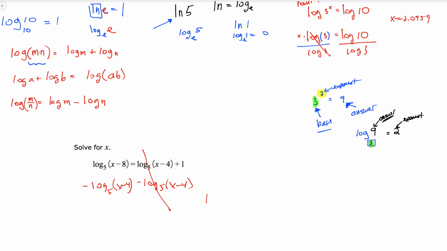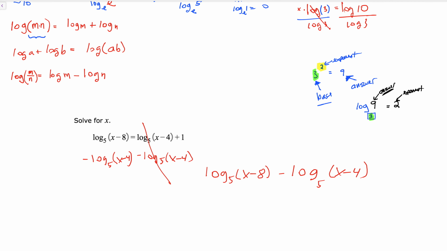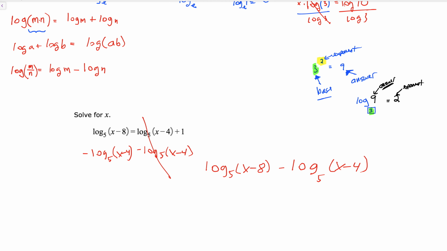And then you end up with log 5 of x minus 8 minus log 5 of x minus 4. And then you can combine them. How can you combine? Good. So log 5 of x minus 8 over x minus 4 equals what?